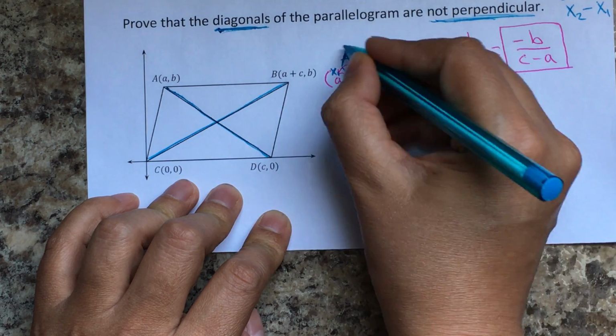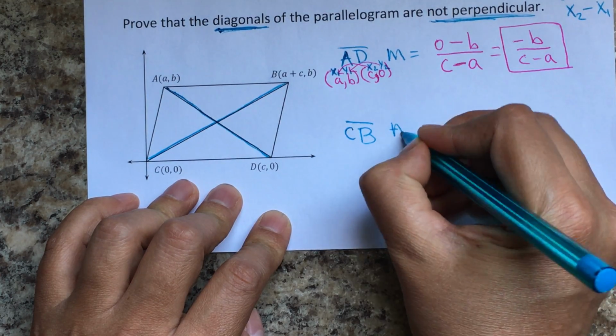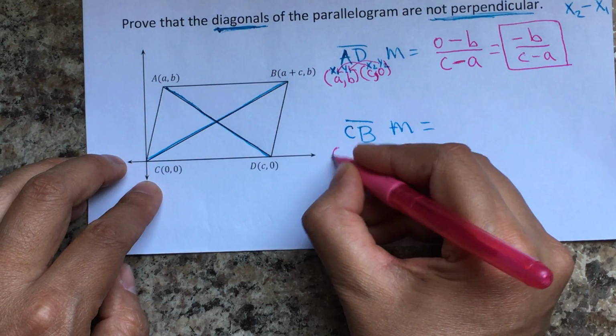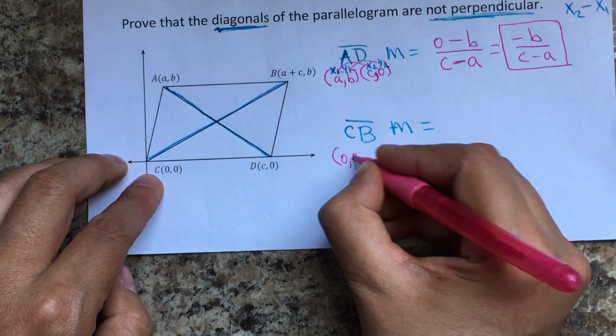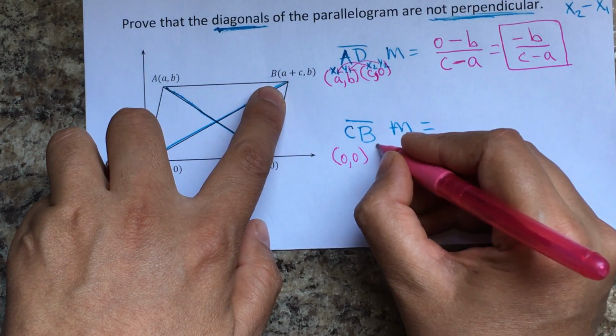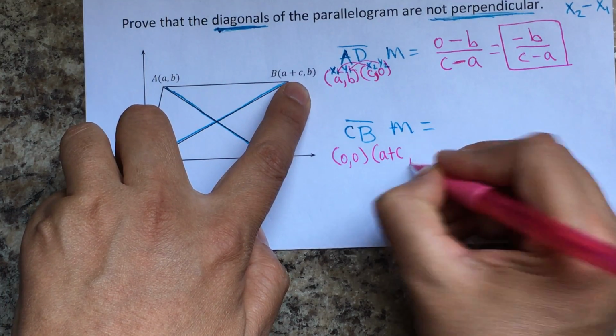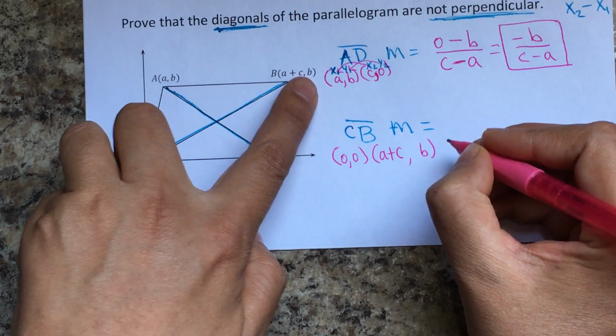CB. And so the slope is equal to, again, point C is (0, 0). And point B is located at (A plus C, B), that's my x, and B is my y.